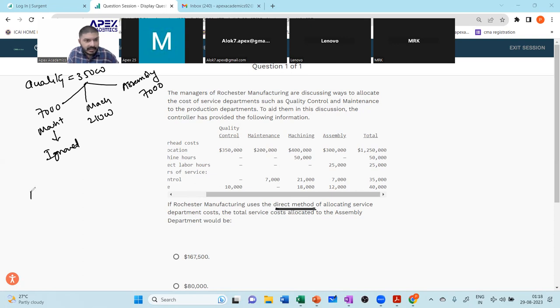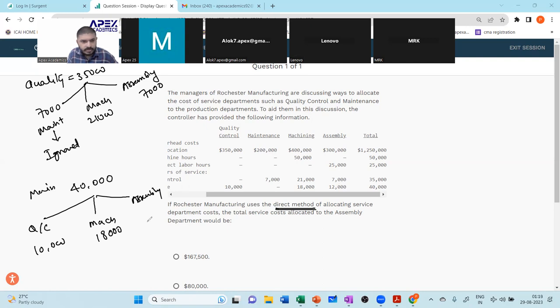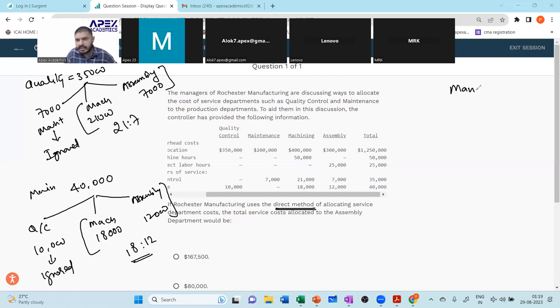So what about maintenance? Maintenance has a total of 40,000 hours. Out of this, quality control consumes 10,000. Machining consumes 18,000. Assembly consumes 12,000. This is ignored. So only this is considered. So what is the ratio for quality? 21:7. And what is the ratio for maintenance? 18:12.